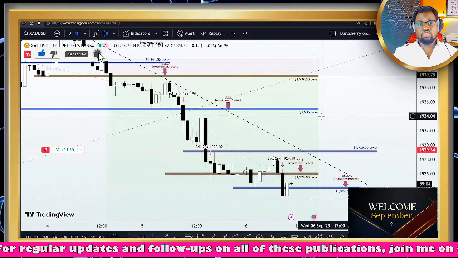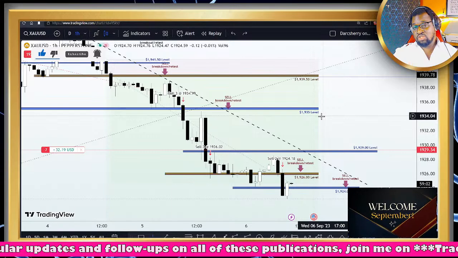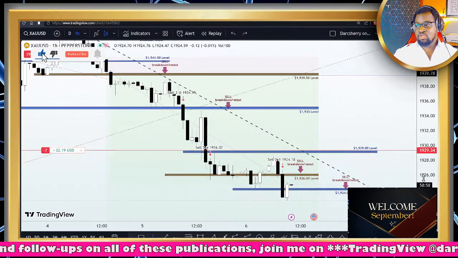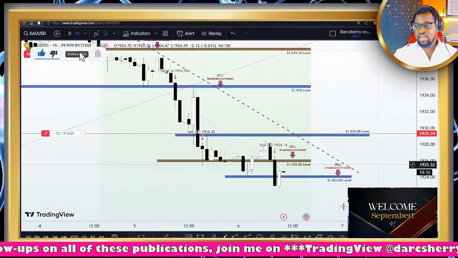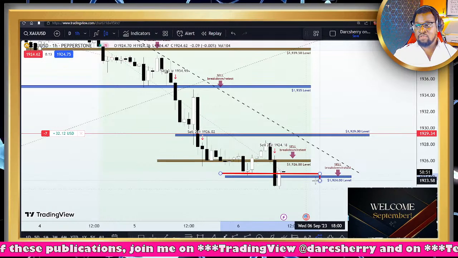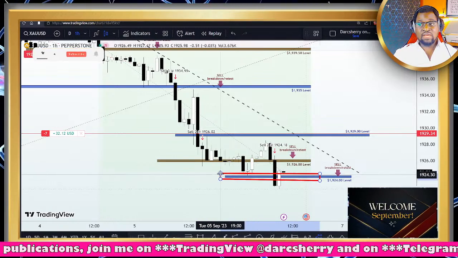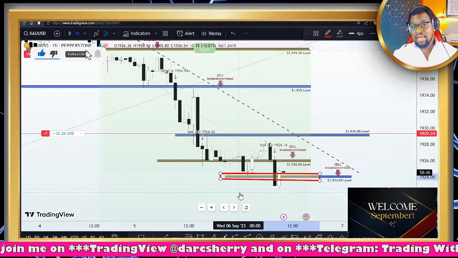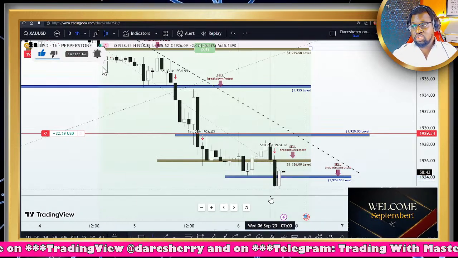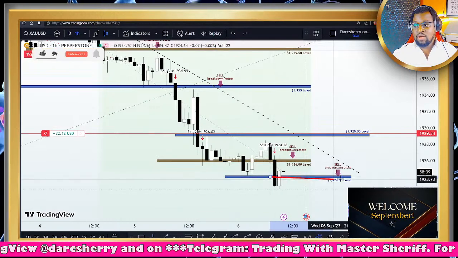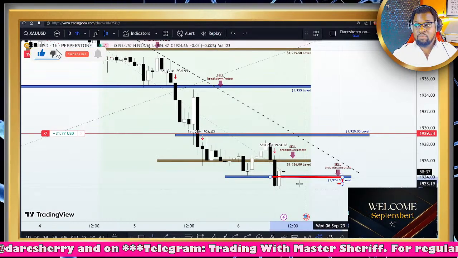Now, if price does not go that way and instead it continues to drop to the downside, well, personally, looking at the structure, after price broke down that lowest point here at the 1924 level, and price appeared to have come back to retest that structure, which for me is a confirmation that we might likely be seeing a downtrend continuation. So in that regard, having a sell stop order below the 1924 level seems most appropriate here.